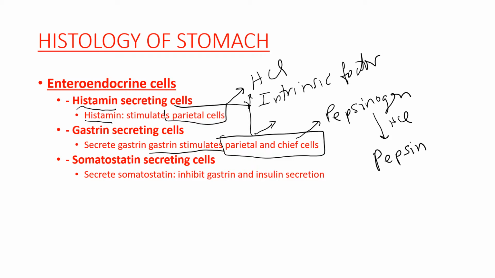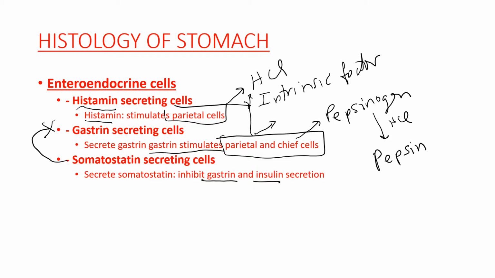Finally, somatostatin is secreted by some of the enteroendocrine cells of the GI tract. Somatostatin is going to inhibit the function of gastrin and insulin secretion. So somatostatin is going to stop gastrin secretion.